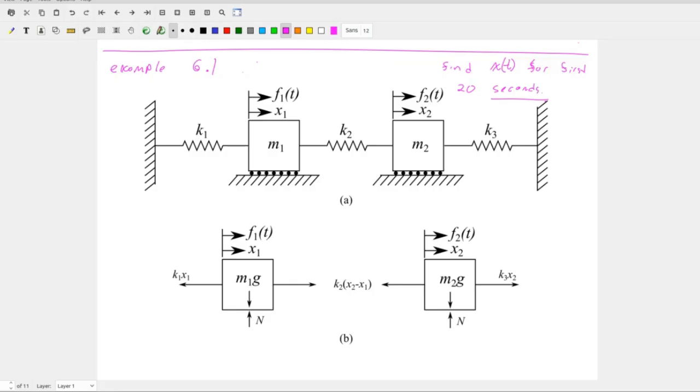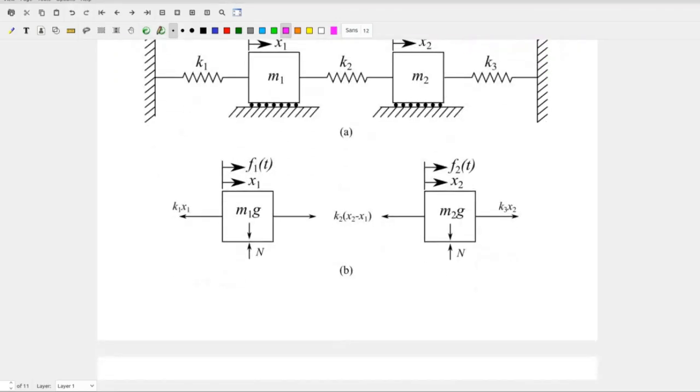And then I've got some initial conditions here, right? So F1 is equal to F2, which is equal to 0 Newton. So we're not going to force it, right? M1 is equal to 10 kilograms.